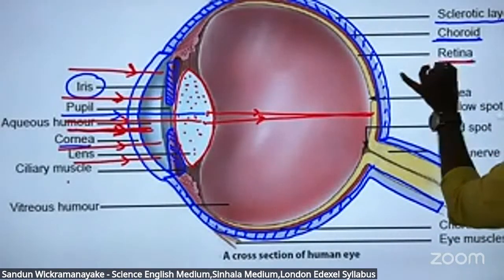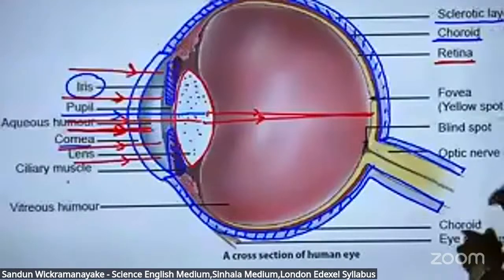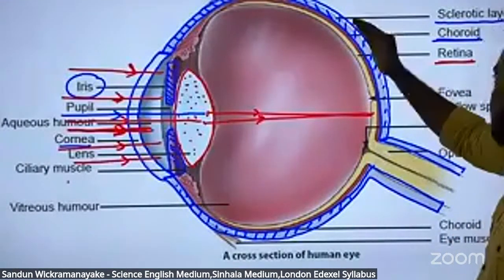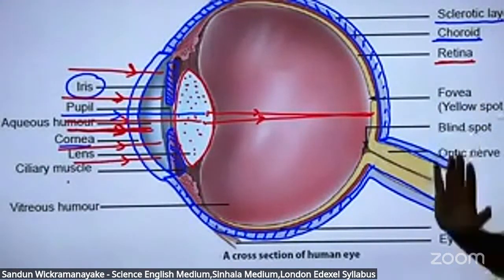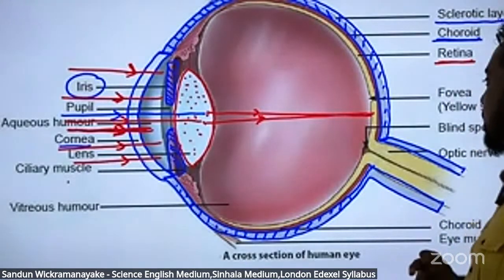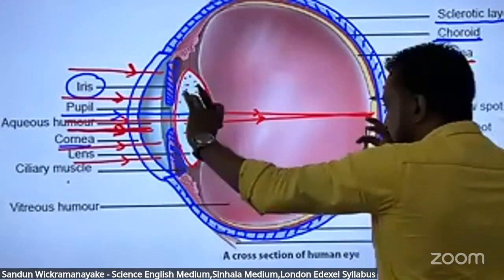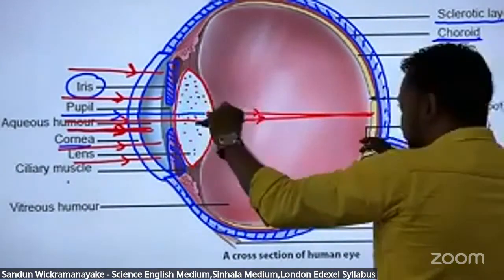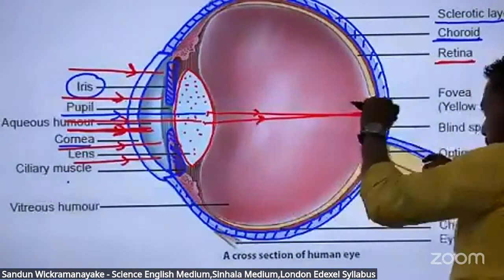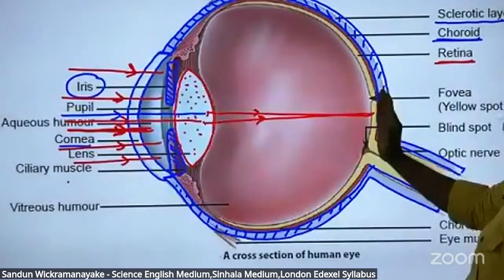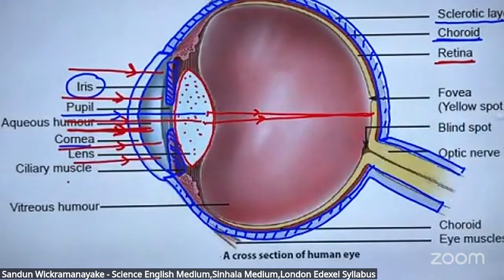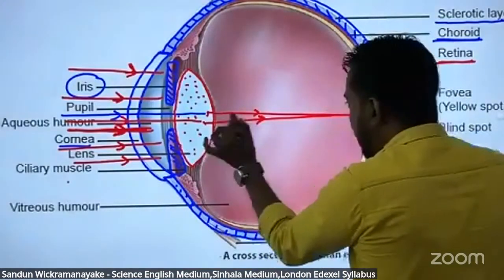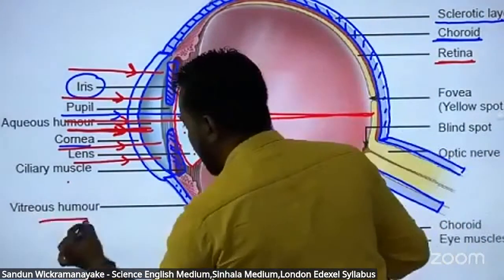That is the third layer of this eye. Number one is the sclerotic layer, number two is the choroid, number three is the retina, right? So the eye lens controls these light rays and bends them to the retina, right? To the retina. They will come through the vitreous humor.